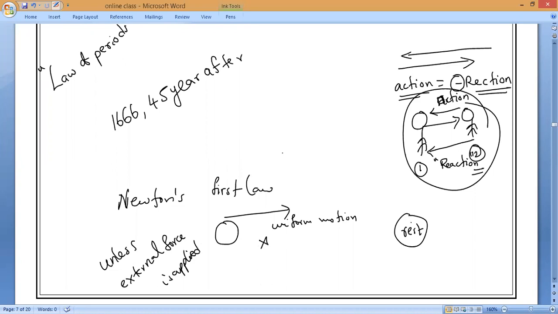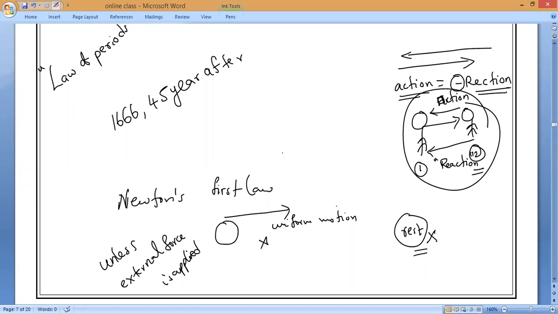No, sir. Unless an external force is applied, is it possible to create motion in this body? No, it is not possible. Yes or no, guys?